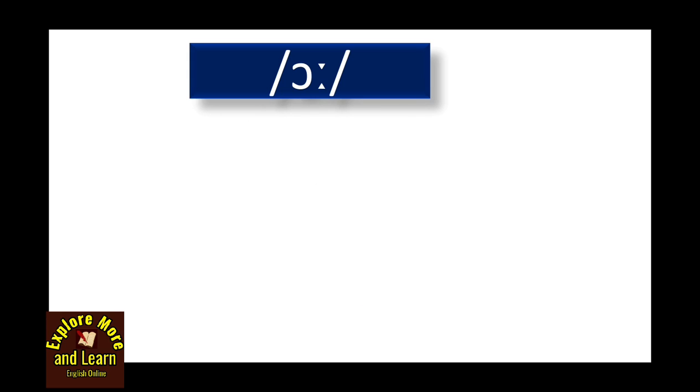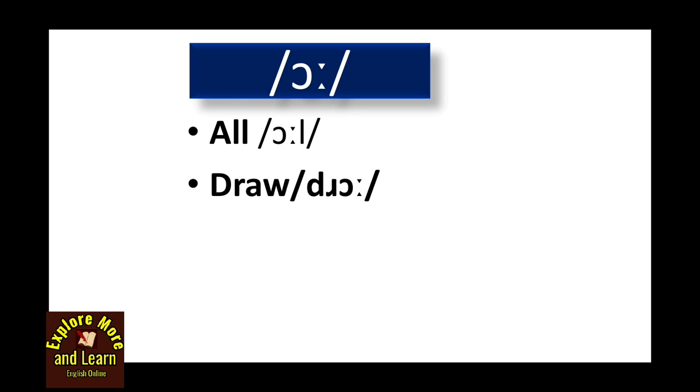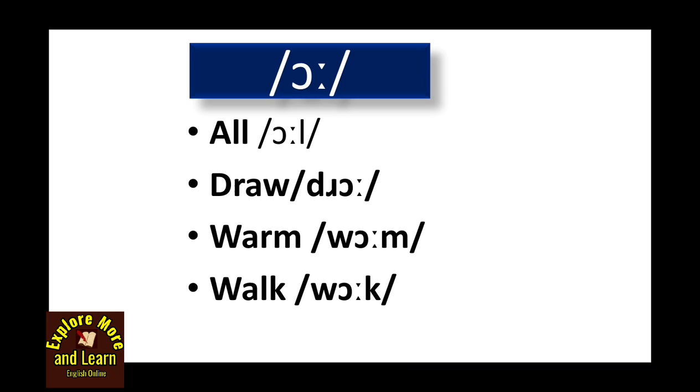Okay? Another way to pronounce the letter A is O. And this is a sound symbol which we use to write the sound which we get by the letter A. For example, all. Another example, draw. Warm. Here, this is a sound which we get by the letter A, and letter A is silent. Remember, I am following British pronunciation. Okay? Walk.